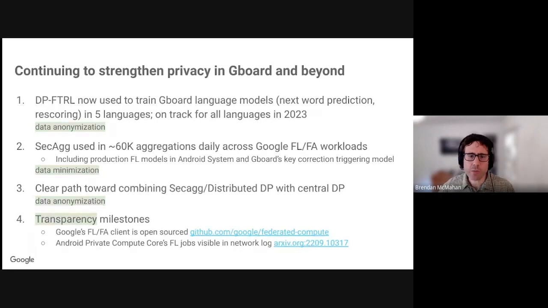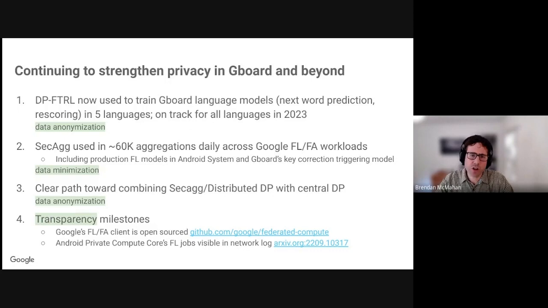So in the spirit of improving data anonymization for the intermediate and final models that are released to model engineers and also published globally on Android devices, the DP-FTRL algorithm is now used to train Gboard language models, including next word prediction and rescoring in over 5 languages. And we're on track to extend that to all languages in Gboard in 2023.